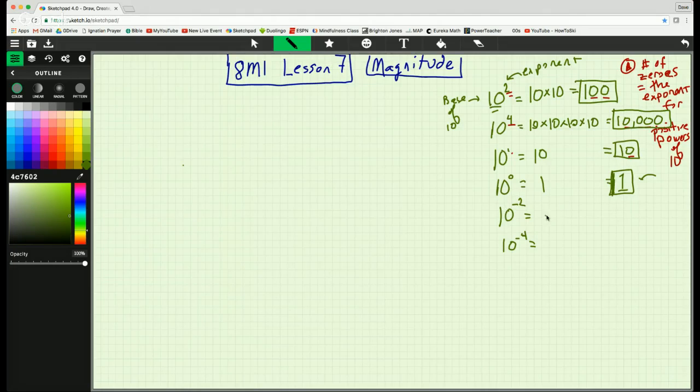Now, 10 to the -2, remember our negative exponent lesson would say, well, that's the same thing as 1 over 10 to the 2, which is equal to 1 over 100. And 1 over 100, if you write it as a decimal, that's 0.01.